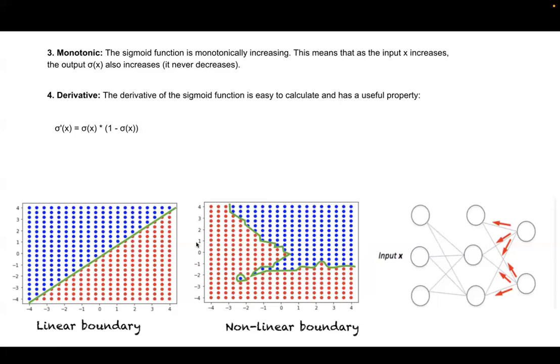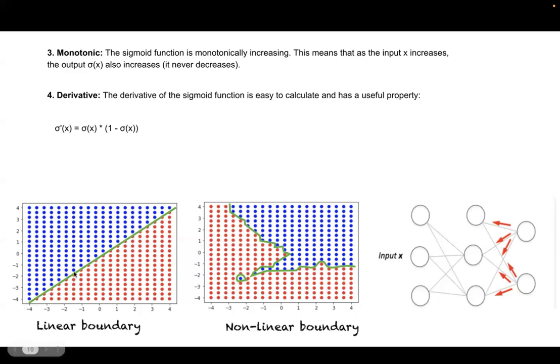Another property: because the value is always between 0 and 1, the sigmoid function is generally used as the activation function when you have a classification problem, which means you need to classify the data as belonging to class A or class B. For example, in breast cancer detection, either the tumor is malignant or it is benign.